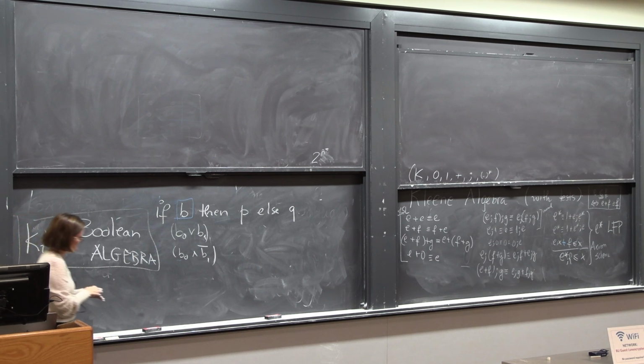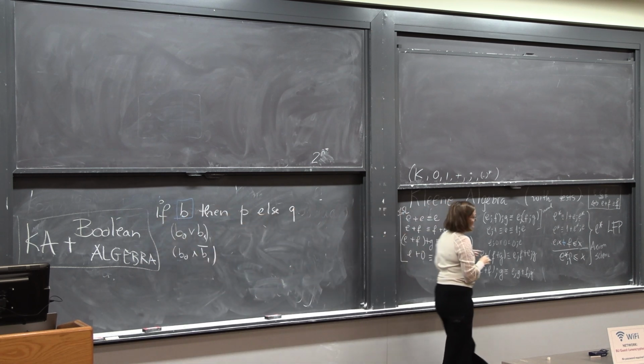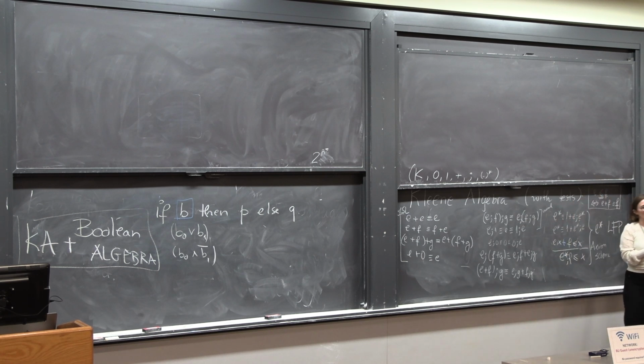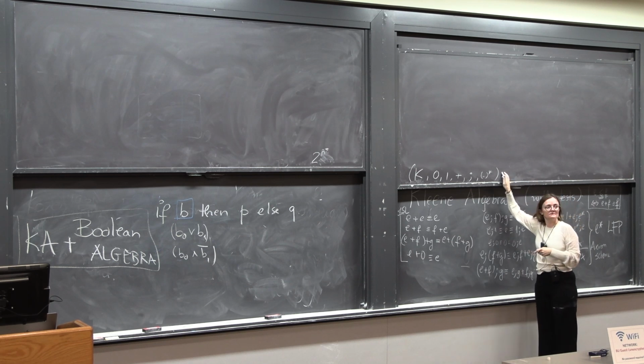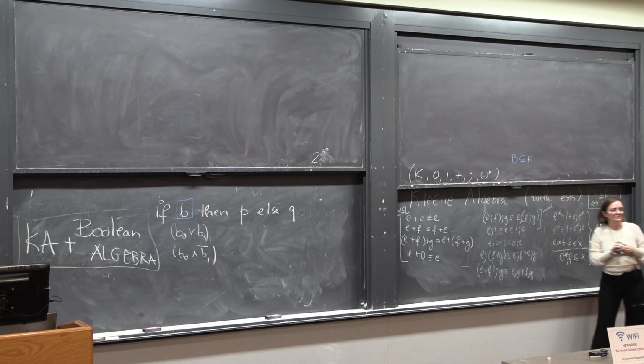So how do I do that? I'm going to add one more condition on K. I'm going to say that K has this special friend called B, okay?